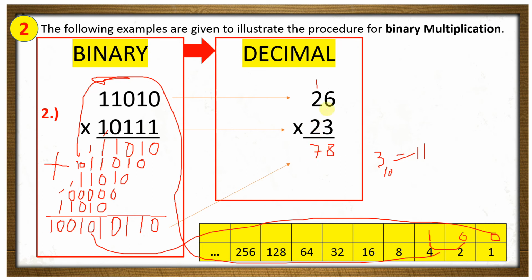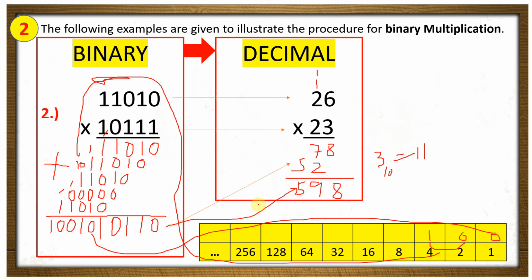Next, 2 times 6 is 12. Carry over 1. 2 times 2 plus 1, so that's 5. So you add, this is 8, 9, 598. So if this is 598, our answer actually is correct.